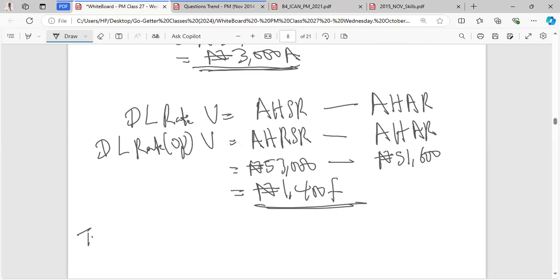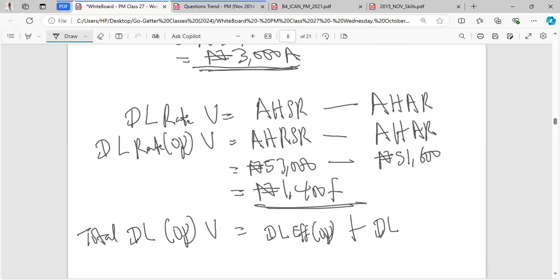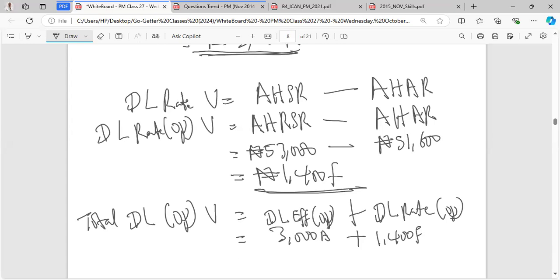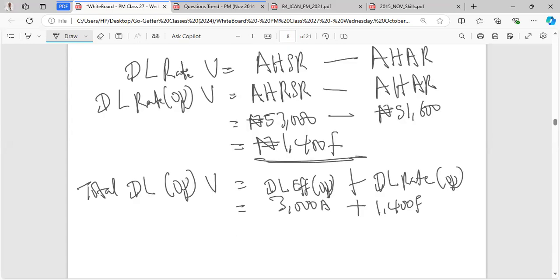So if you are to total the two variances, if you are to check total direct labor operational variance, the same thing as direct labor efficiency plus direct labor rate, we have here 3,000 plus 1,400 favorable.